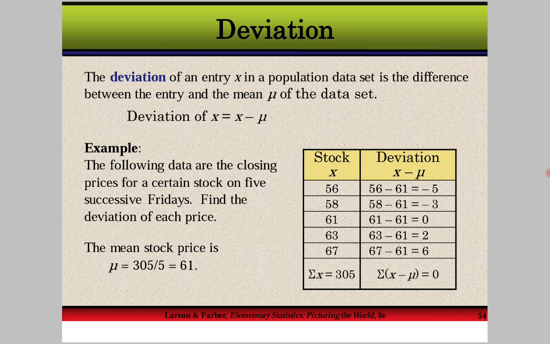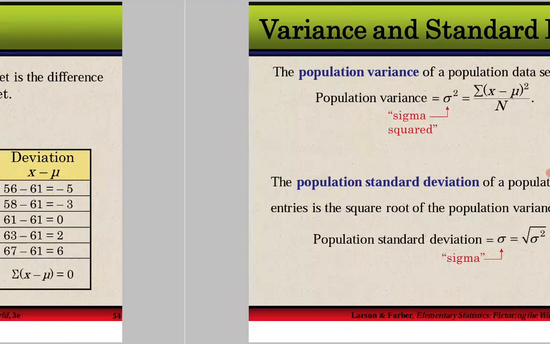So deviation is x minus mu, where x is an individual data item: 56 minus 61, 58 minus 61, and so on. The sum of all x minus mu is equal to 0, where mu is the mean of the data.